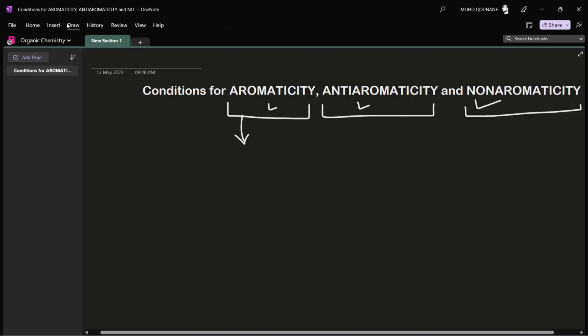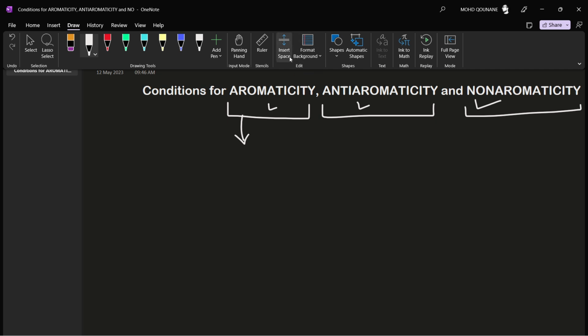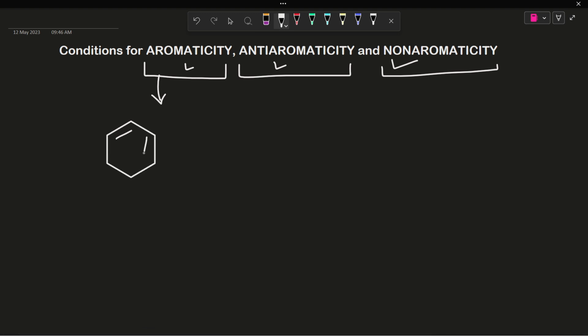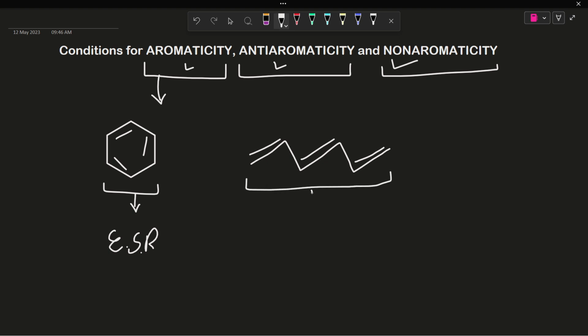For example, if I take benzene, it is a cyclic alkene, right? And if I take this alkene, that is an acyclic alkene, with the same number of double bonds and the same number of carbons, what we see is that benzene shows electrophilic substitution reactions, but this compound shows electrophilic addition reactions.